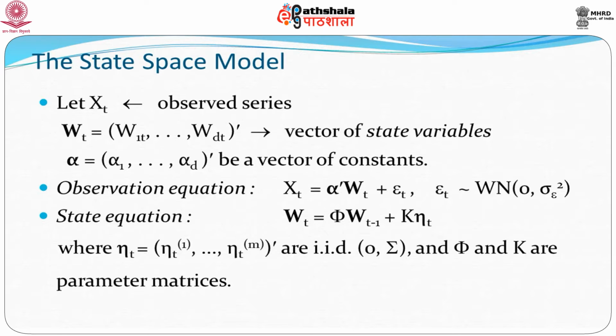The state equations which are formed from the latent variables are w t is equal to phi w t minus 1 plus k eta t, where the eta t's act as the errors, and these are IID with 0 mean and variance sigma. Phi and k are of course the parameter matrices. So, this is the setup that we have got.